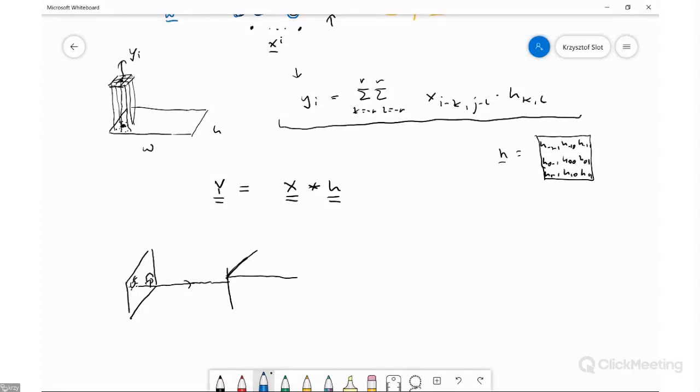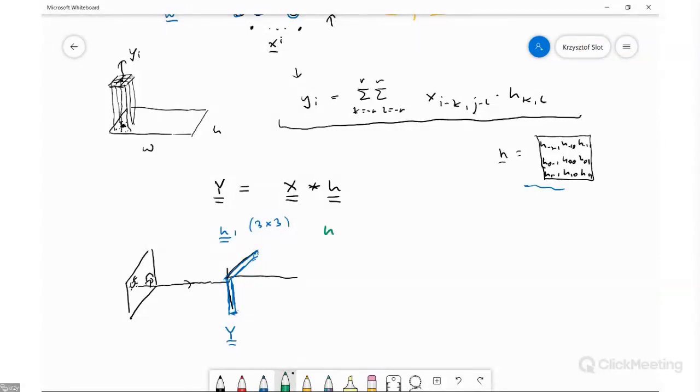Let's say I will have a filter that is H1. H1 is an array, let's say a 3x3 array, and it has some particular values. So a result of filtering this input image will be some array. This will be an output y, which is a result of convolving x with a blue filter.